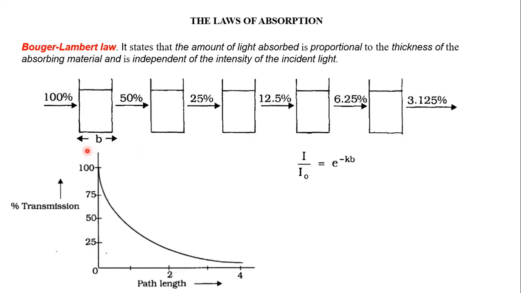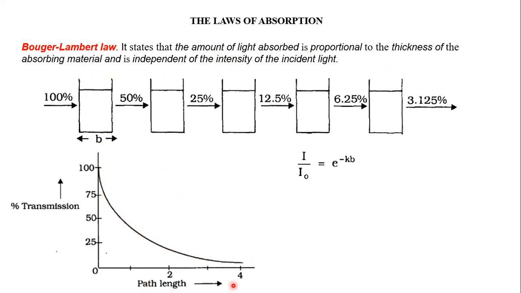As you increase the thickness, a lesser amount of light gets transmitted. So it is now establishing this law perfectly, which says that the amount of light absorbed is directly proportional to the thickness of the absorbing material. So as the thickness increases, the amount of light absorbed will increase, or the reverse, as the thickness increases, the amount of transmitted light will decrease.